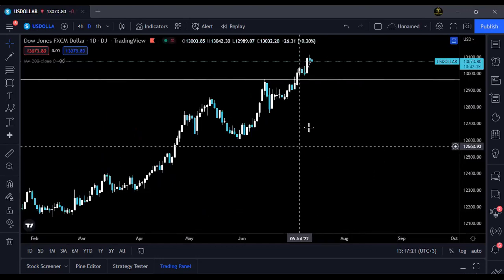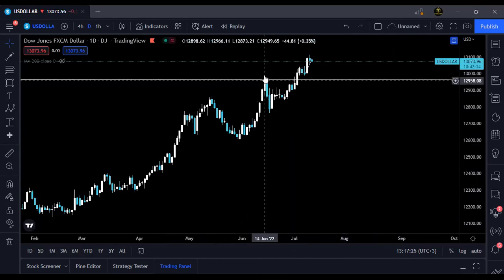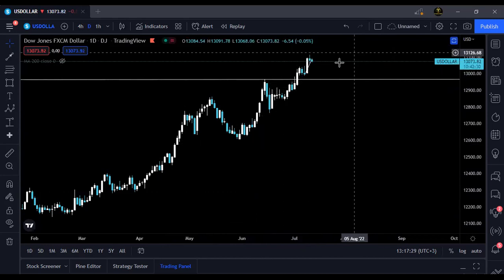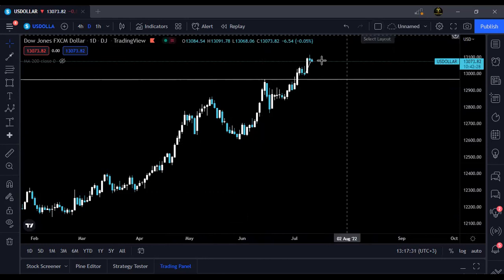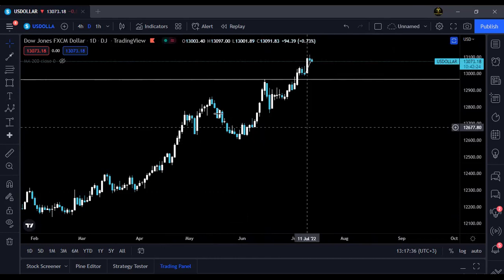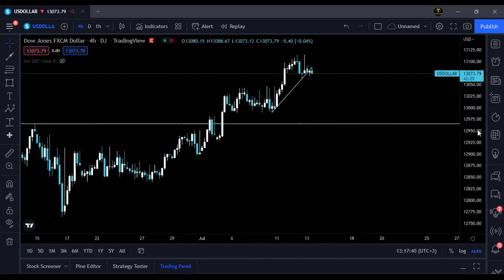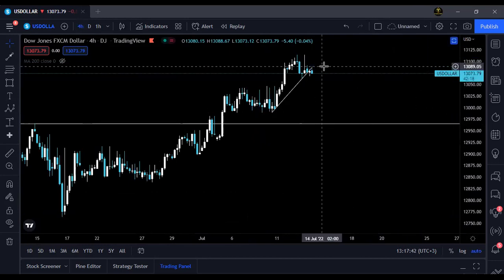Back to the USD, the US dollar, baby. So this was an all-time high. Prices just broke above an all-time high last week, so it was insane, first and foremost. And currently you can see prices yesterday closed with a doji indicating a lack of momentum. If we break it down to the 4 hours, you can see prices are trying to go lower because the bears are in more control.